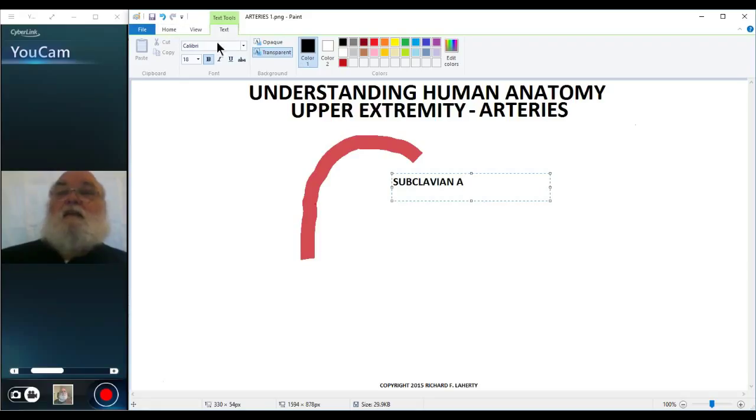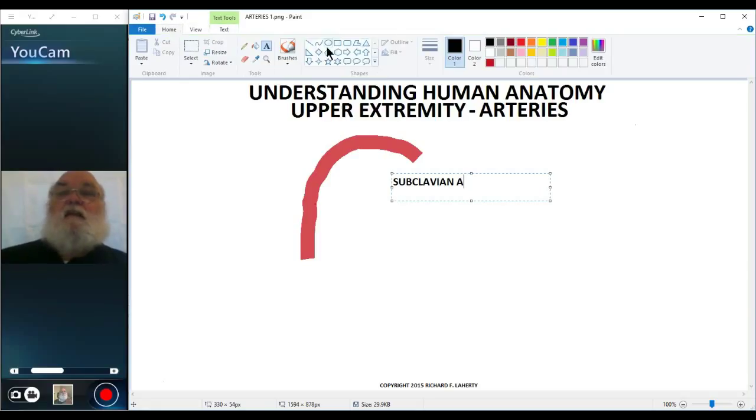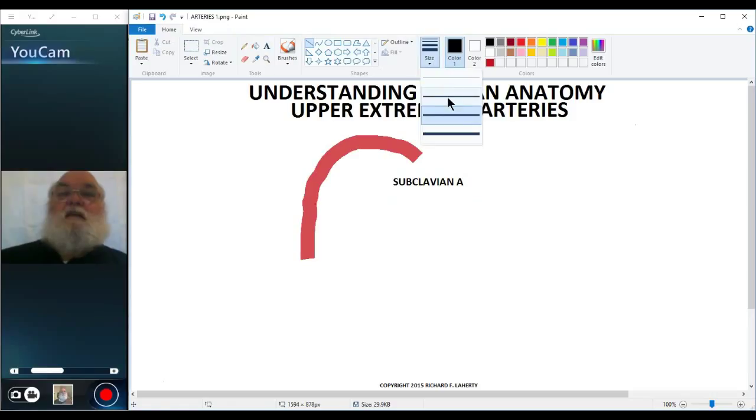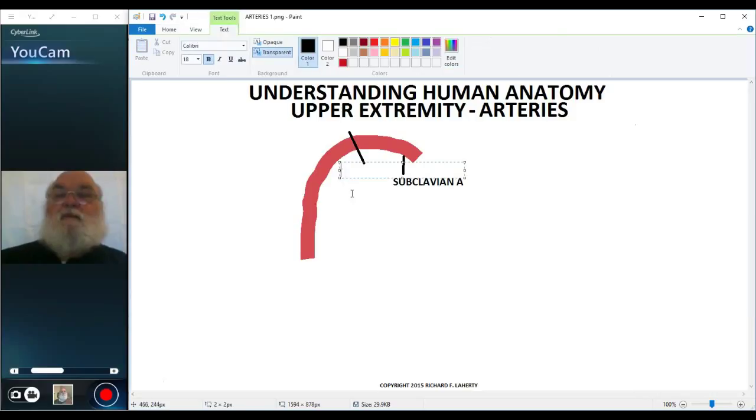I'll draw a line to it here. And I said that the subclavian becomes the axillary at the first rib. Now, I don't have skeletal elements drawn in here, so we'll just use this line I've just drawn as an indicator of the first rib.